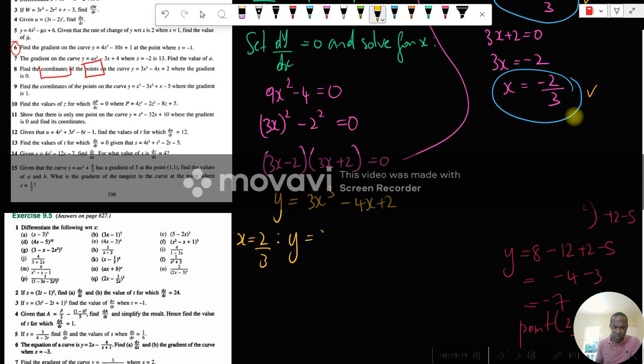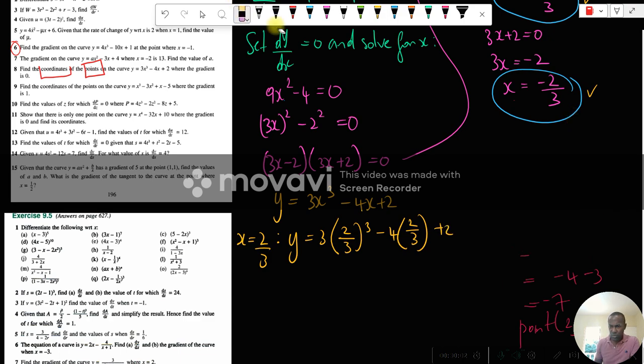We get y equals 3 times 2/3 cubed minus 4 times 2/3 plus 2. So we'll try to simplify. 2/3 cubed, that's the same thing as 3 times 8 over 27 minus 8 over 3 plus 2.